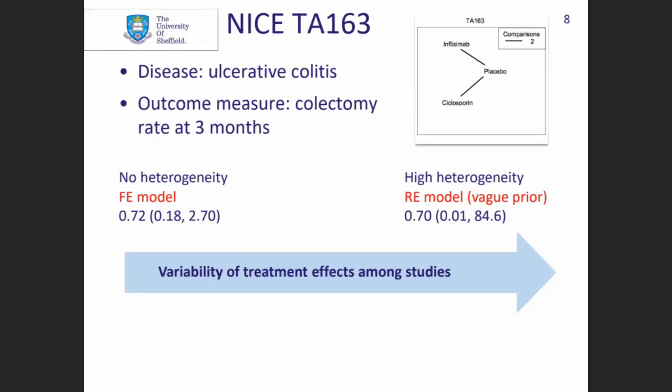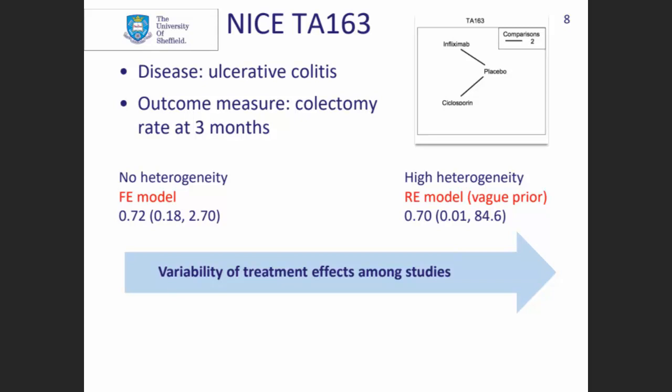So the result shows that infliximab reduces the odds of having colectomy at 3 months compared to placebo, but this effect is not statistically significant because the interval includes 1.